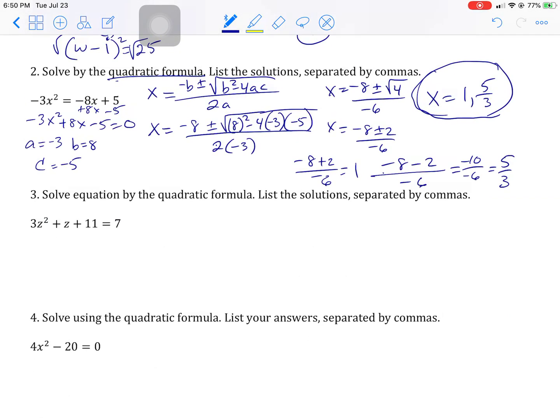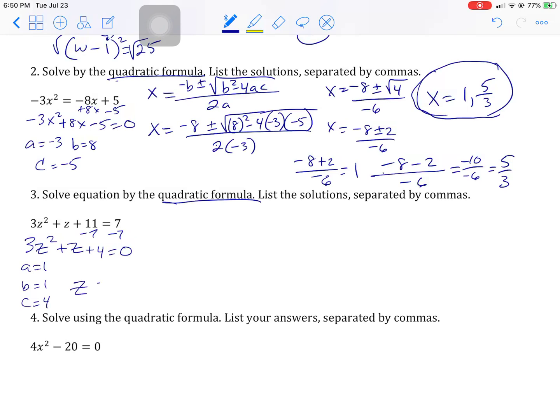Alrighty. Solve using the formula. Move everything over to one side. Alright, so my A is 3, my B is 1, and my C is 4.